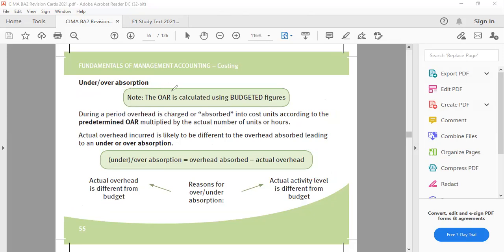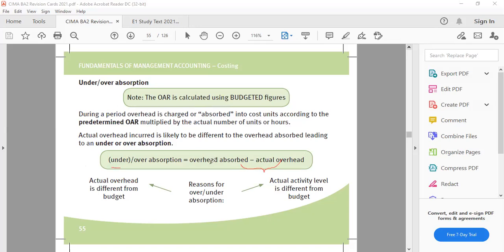What is under absorption or over absorption? The overhead absorption rate is calculated using budgeted figures. Then it is charged to the cost statement, charged to the product. On comparison of the actual overhead with how much they recorded in the books, in the cost sheet, how much did they account and how much did they actually spend? When what they have charged is less than what was actually incurred, it is called under absorption.